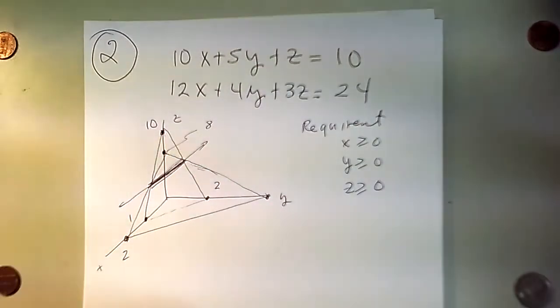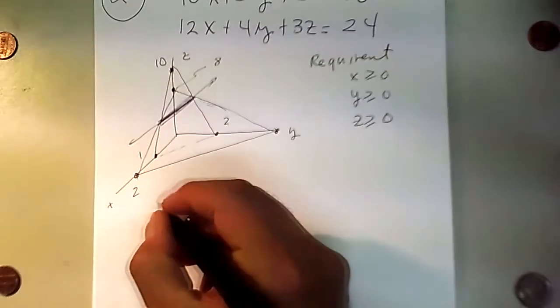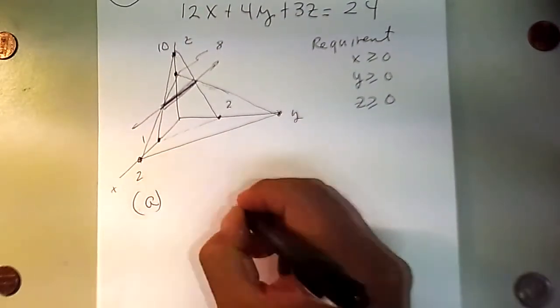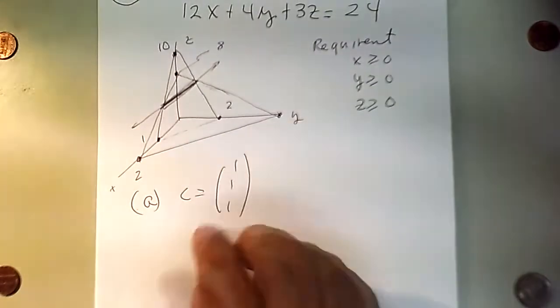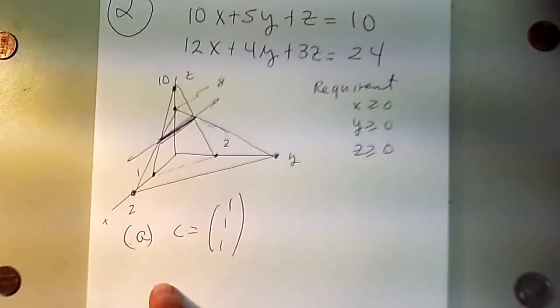A common cost I use, but don't think that all the costs are this way. So part A of the problem, assume the cost vector is 1, 1, 1. So we pay $1 for every x, $1 for every y, $1 for every z.